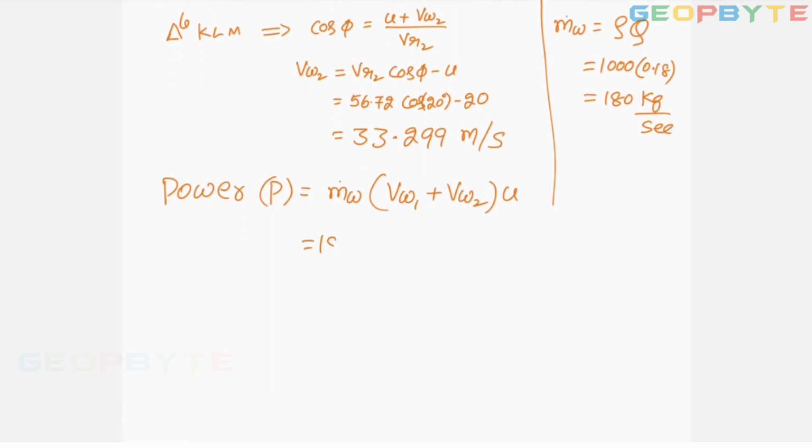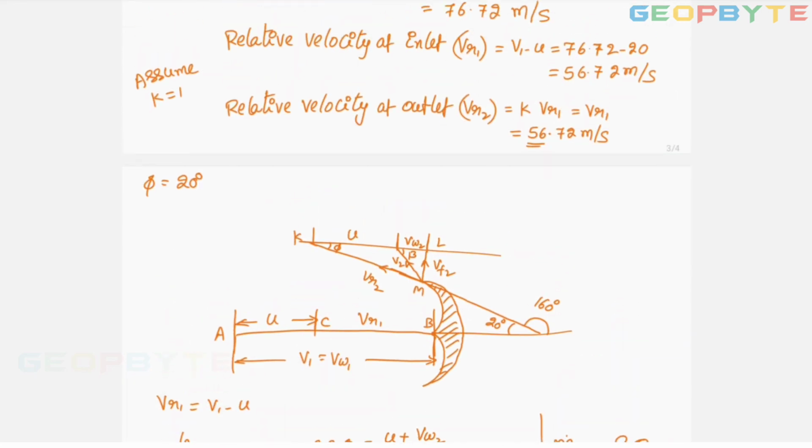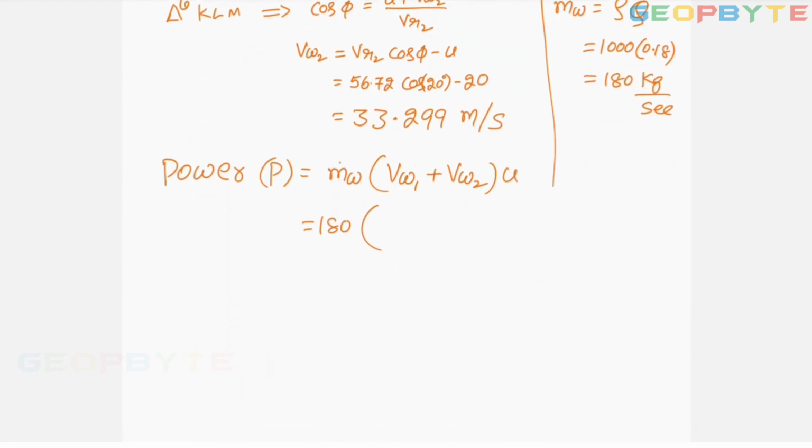It is equal to 180 multiplied by VW1, equal to V1 only. That V1 is 76.72 plus VW2 33.299 multiplied by U 20.